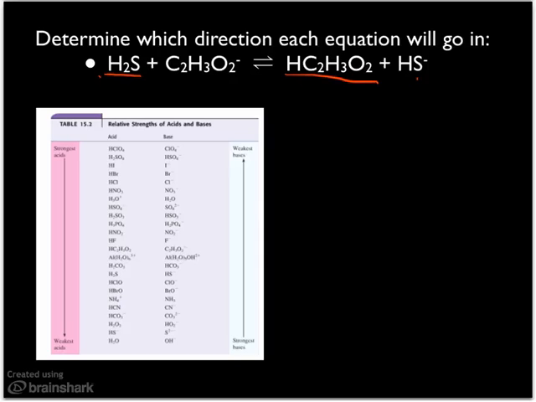Figure out those on your table. You have H2S here, and you have HC2H3O2 there. HC2H3O2 is going to be stronger, so this equation also is going to shift to the left, because the HC2H3O2 is going to completely ionize, and so it's going to break down to the C2H3O2 minus.